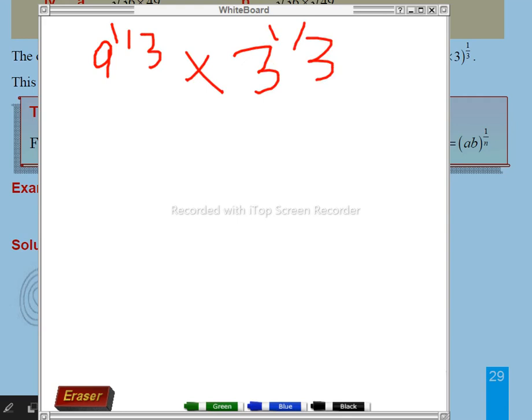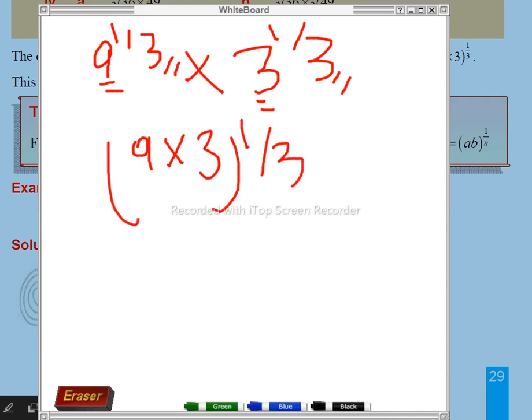As we said from the theorem, if it is A, B and n, we write this like that: (9 times 3) to the power of 1 over 3.